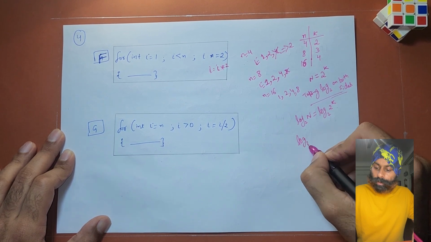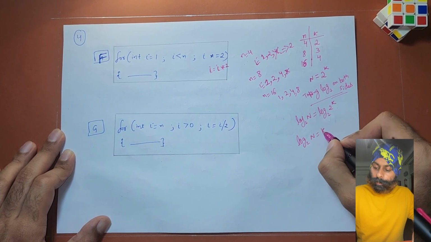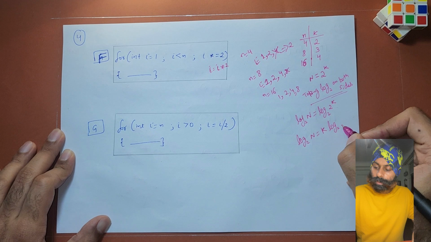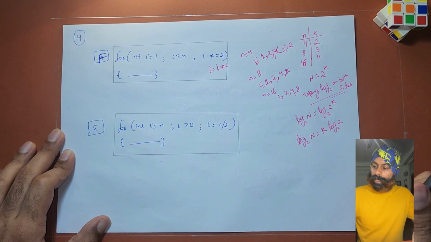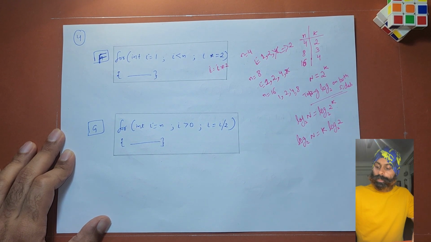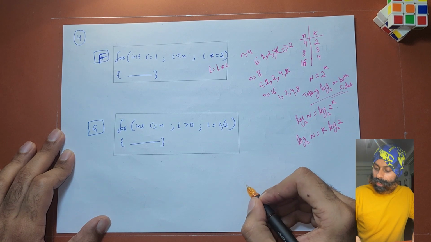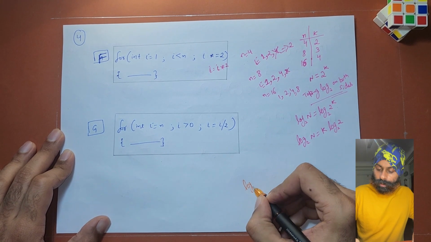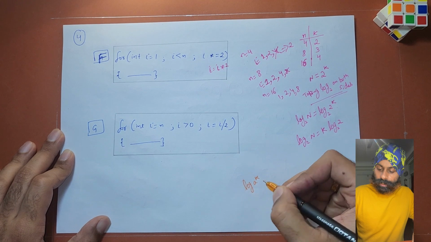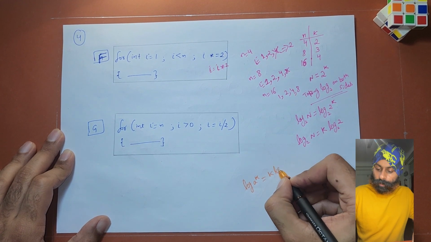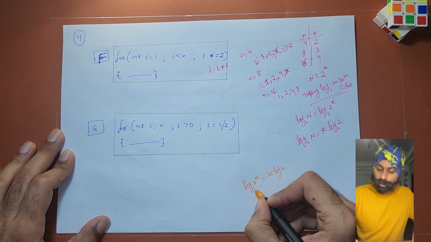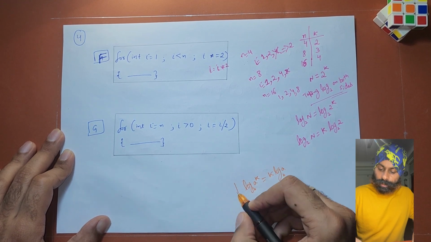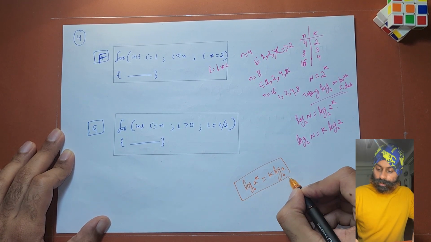It becomes log base 2 n is equal to k बाहर आ गया. log 2 के बाहर कैसे आया? If you don't know this thing, you should remember that log a की पावर k is equal to k log a, फ़र्क नहीं पड़ता बेस कुछ भी हो, ये एक लॉगरिथमिक का फॉर्मूला है, you should remember.